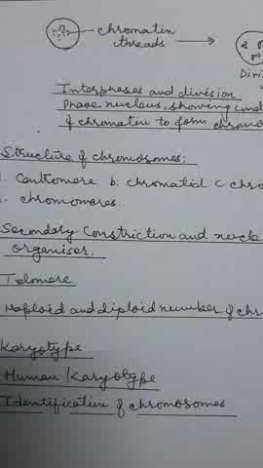Human karyotype. A normal diploid cell of human being contains 46 chromosomes arranged in 23 pairs. Of these, 22 pairs are autosomes and the remaining one pair is the sex chromosome pair. In females, the sex chromosomes are similar, while in males they are dissimilar, XY.